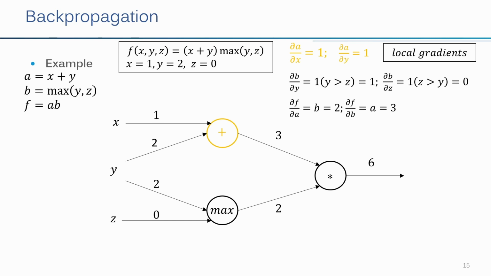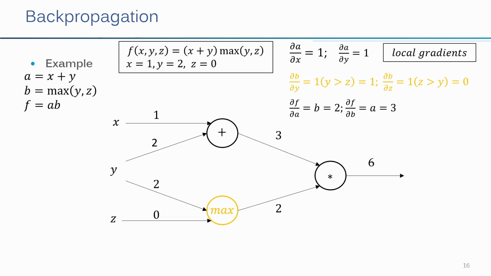If we calculate the derivative of A with respect to x, we get 1, since the rest goes away. With y it's the inverse: the derivative of A with respect to y, x goes away, we stay with y, and it's 1. When we do the derivative of the max, b with respect to y is 1 whenever y is greater than z, and in this case it is.